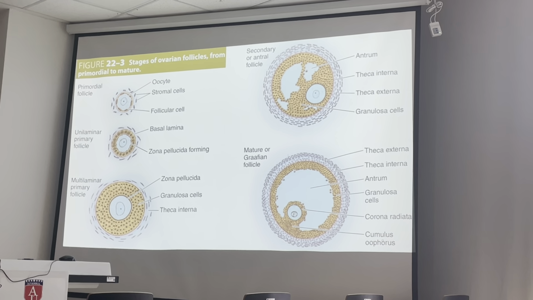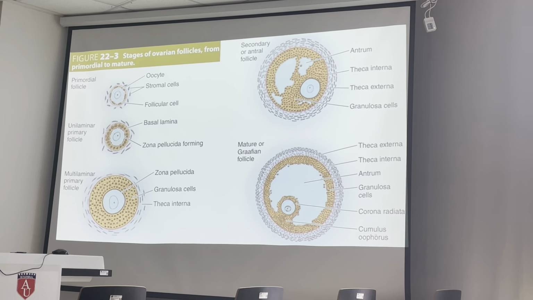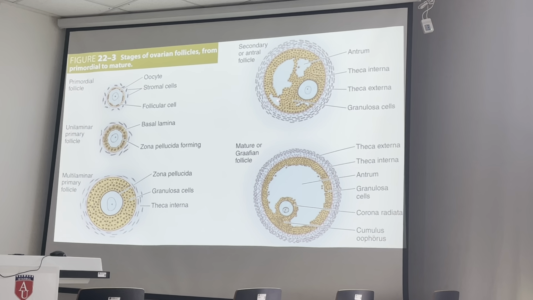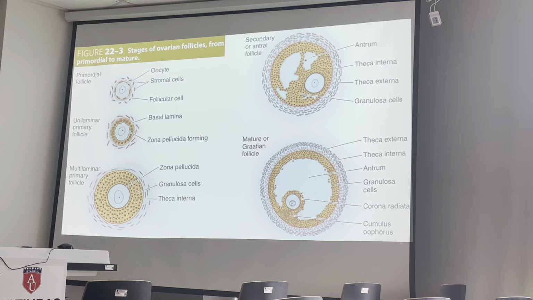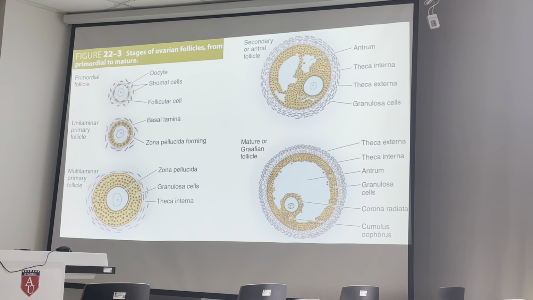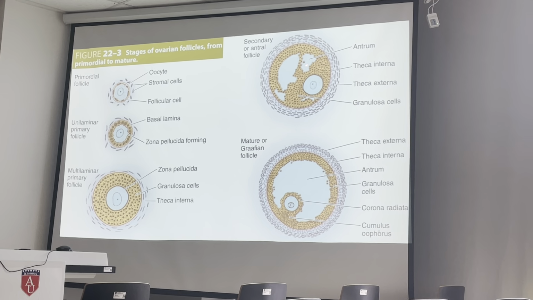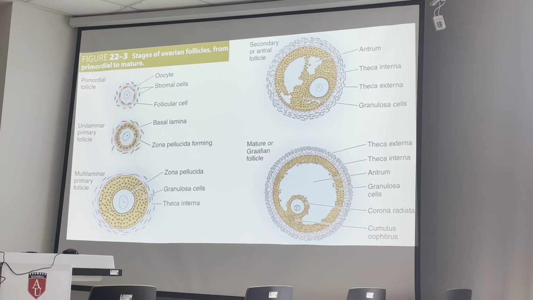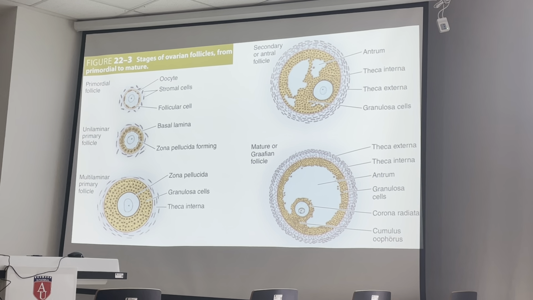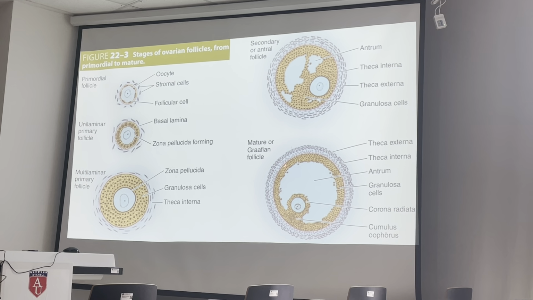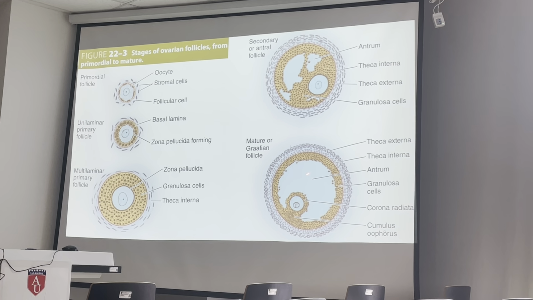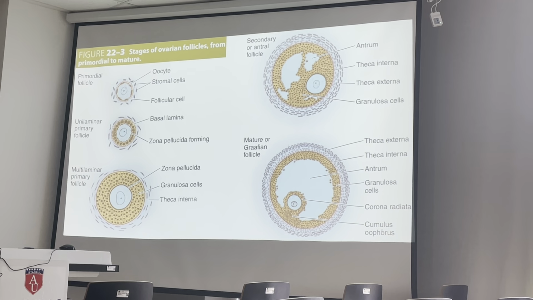The antrums can be separate or could be in the primary stage of the secondary follicle, and at the end of the secondary follicle development, all of these antrums merge with each other. And in the last stage, we have the mature or Graafian follicle with a large antrum.